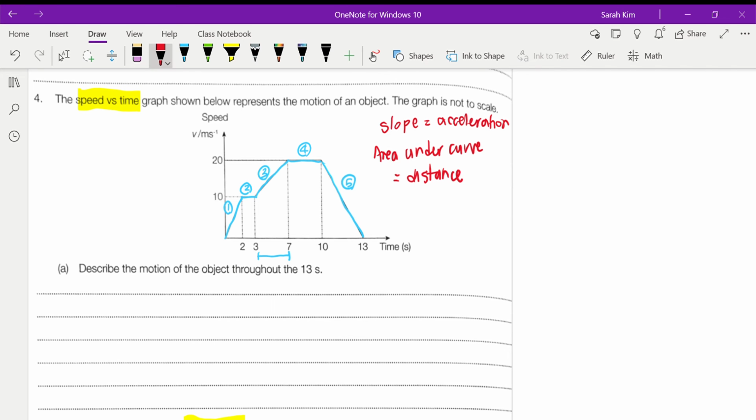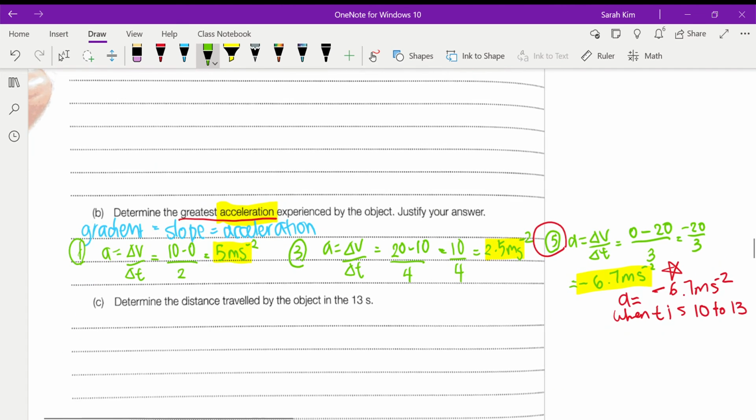So for us to figure out total distance, we just have to figure out the area under the curve, and what you can do is split it into 5 different sections. Obviously there are already 5 sections noted, so I will just split it like that and add them up. The first one is 2 by 10, but it's a triangle, so I've got to divide it by 2.